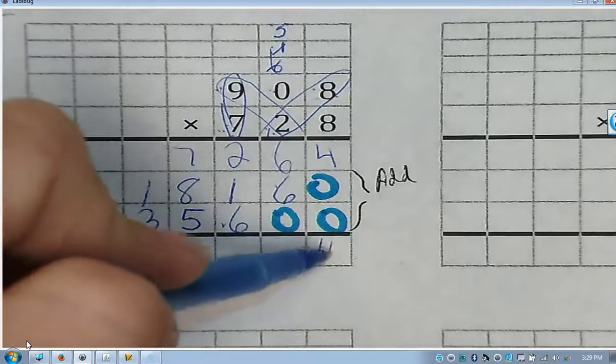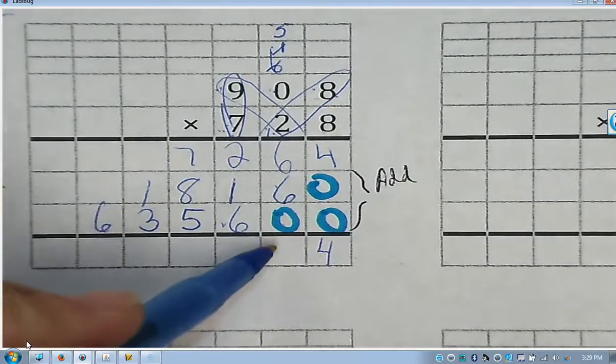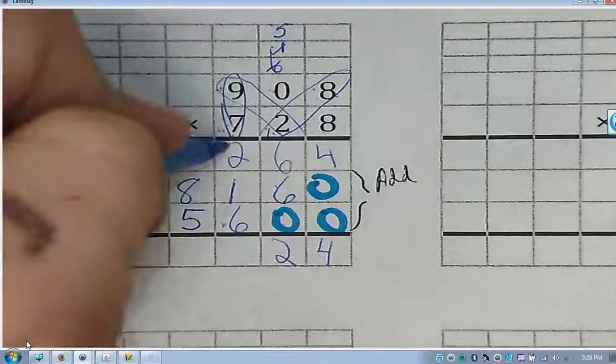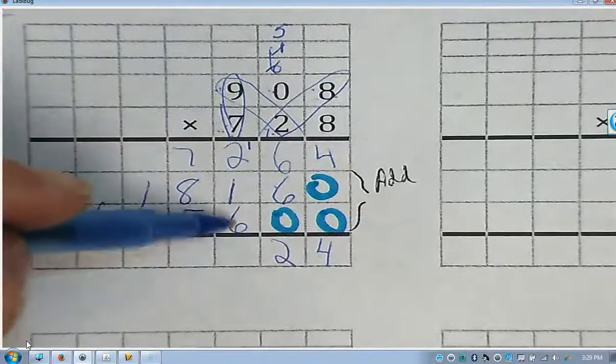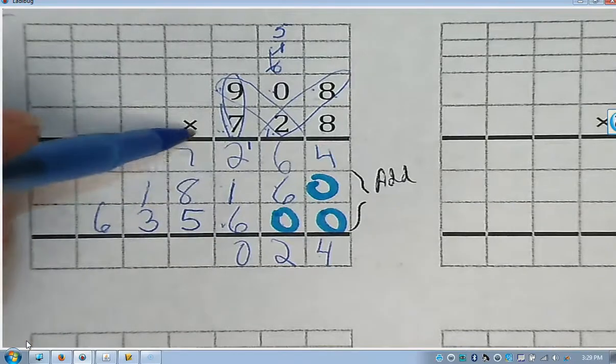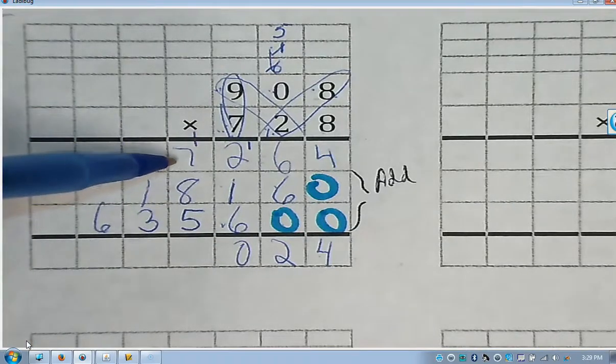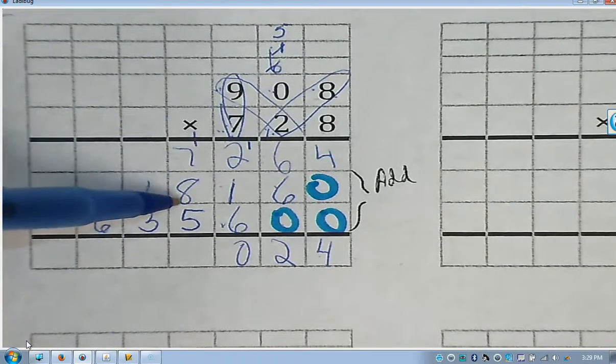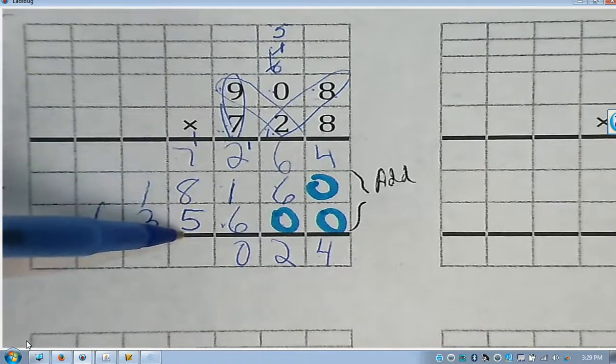Add them up. This one's 10. 8 and 7 I know is 15, and 15 and 5 would be 20.